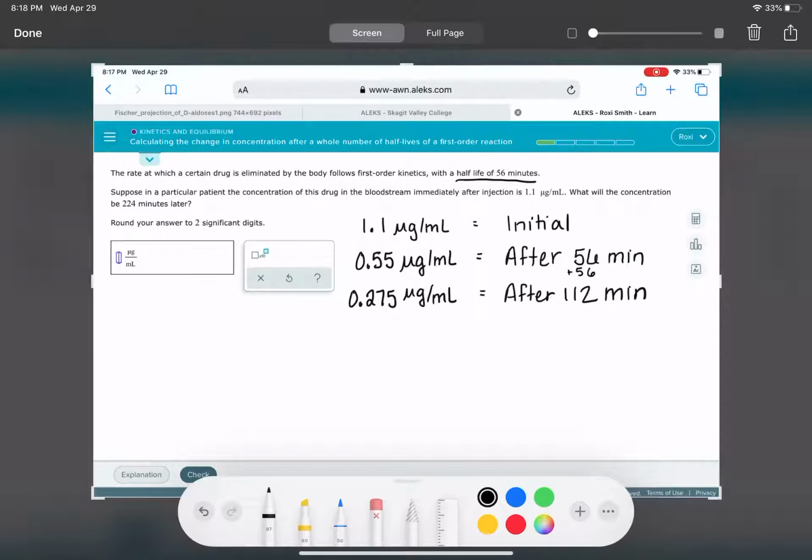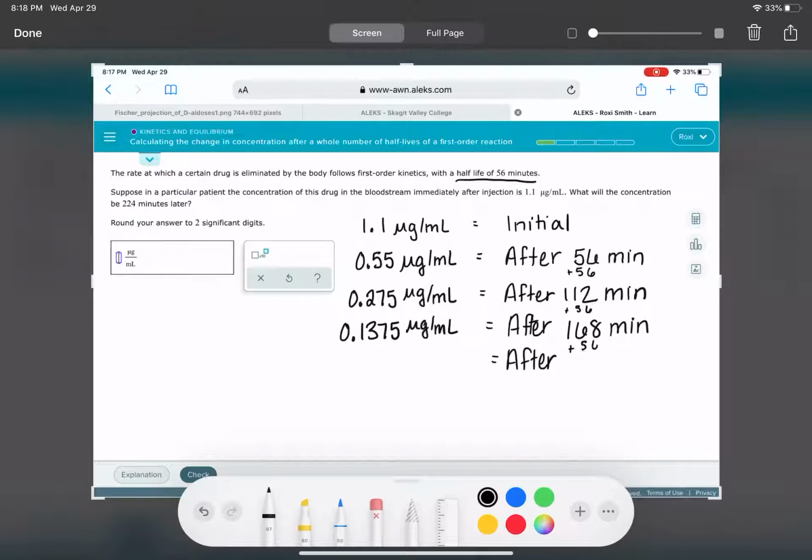So we're not up to 224 yet. Let's go another 56 minutes. What's that going to be? 168 minutes. After 168 minutes go by, 0.275 divided by 2 again gives us 0.1375 micrograms per milliliter. But we are still not up to 224 minutes. So let's go for another half-life.